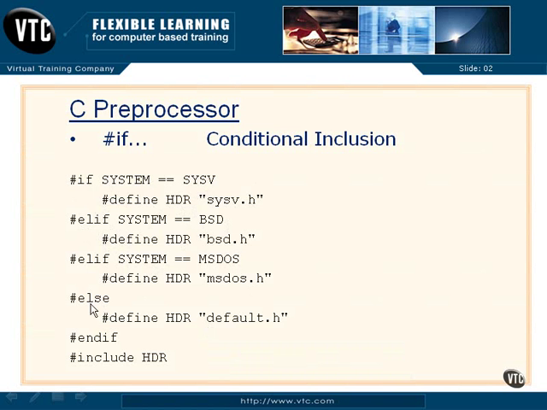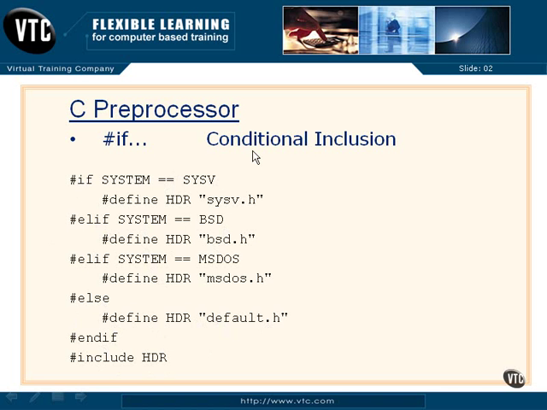Notice this works just like the if and else if that we had in the C language itself. Else will pound define HDR as default.h. Then we have an endif that closes this up, and we include whatever header is defined as now, which is in that case default.h, or it could have been any of these values based on what the SYSTEM value was as we came into this set of preprocessor statements here.